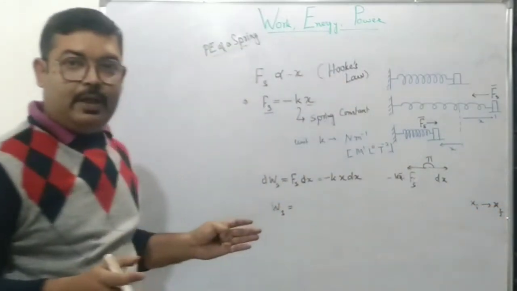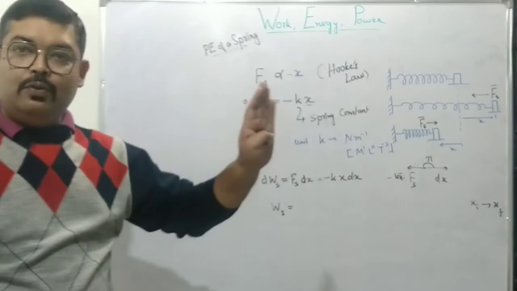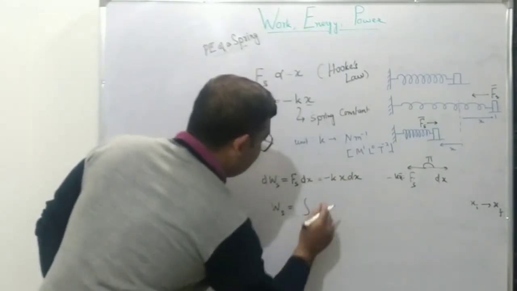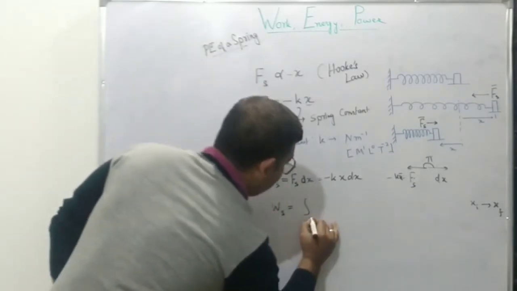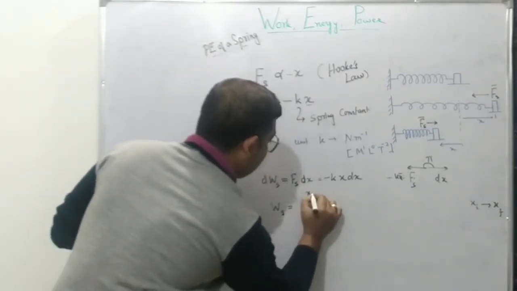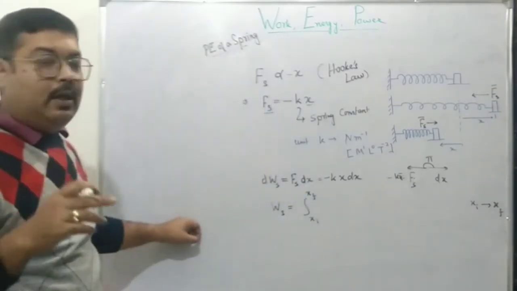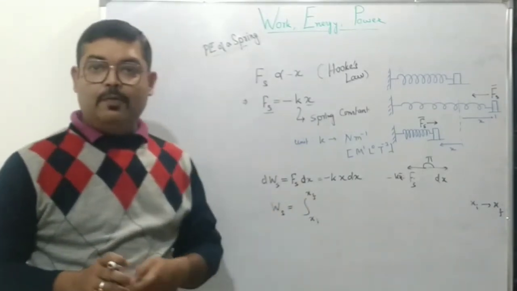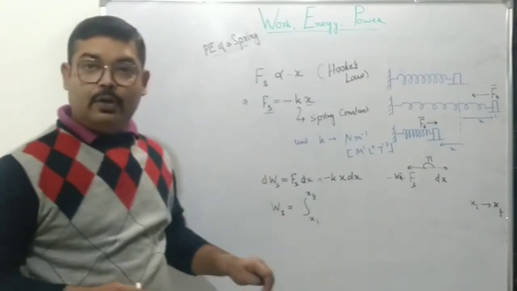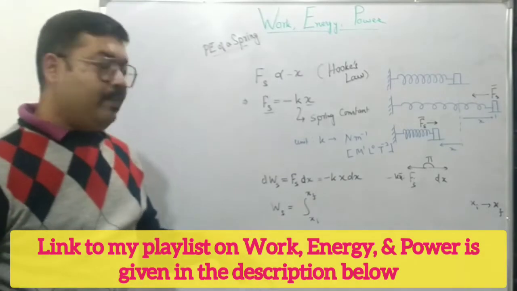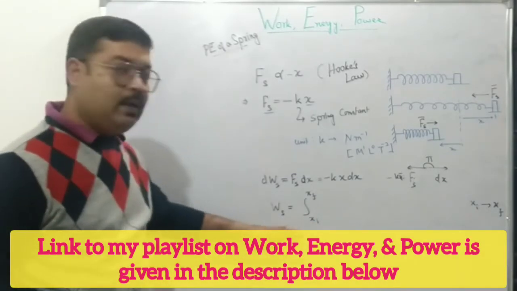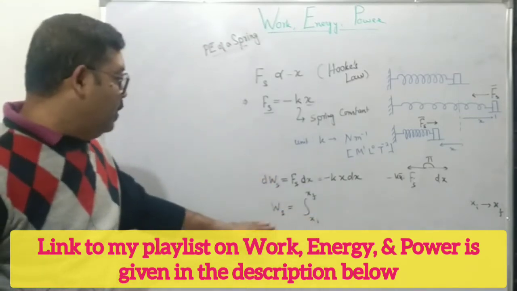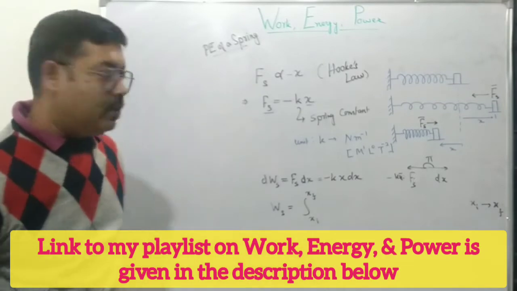If we extend the spring from an initial position of xi to the final position xf, then we have to integrate the entire equation from xi to xf, as was the case with variable force, the way to find the work done by variable force. If you haven't seen my video on that, please refer to the description where I have given the link to the video where this has been discussed already.